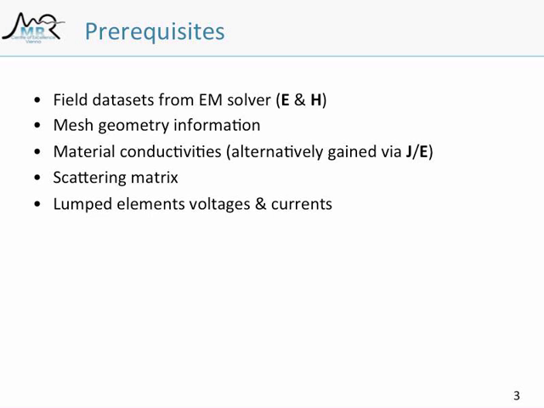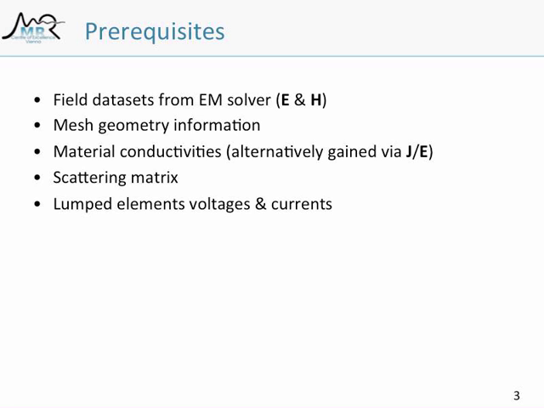Everything I'll discuss will just need those things that you can get out of every program out there, at least the ones I know. CST will give you all the field data sets from your simulation. You get the mesh information, so the geometry information. You need the material conductivities.